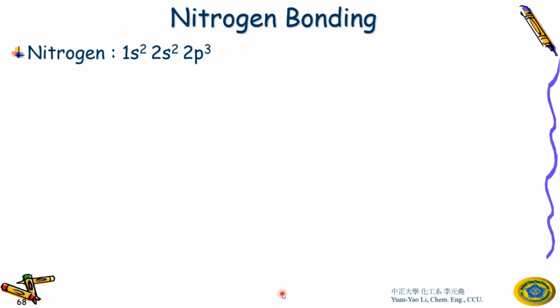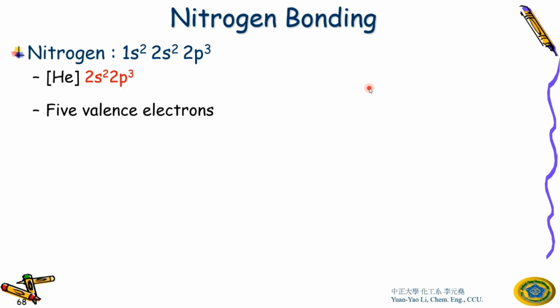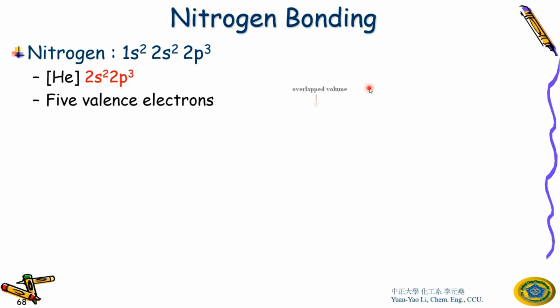So you have 5 electrons in the outermost shell, which we call valence electrons. So you can also write it as 2s2, 2p3 as the electron configuration to represent nitrogen. So we have 5 valence electrons.